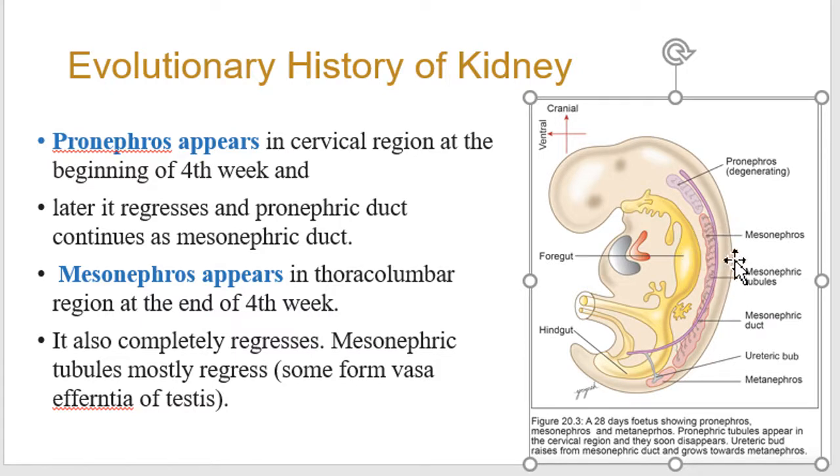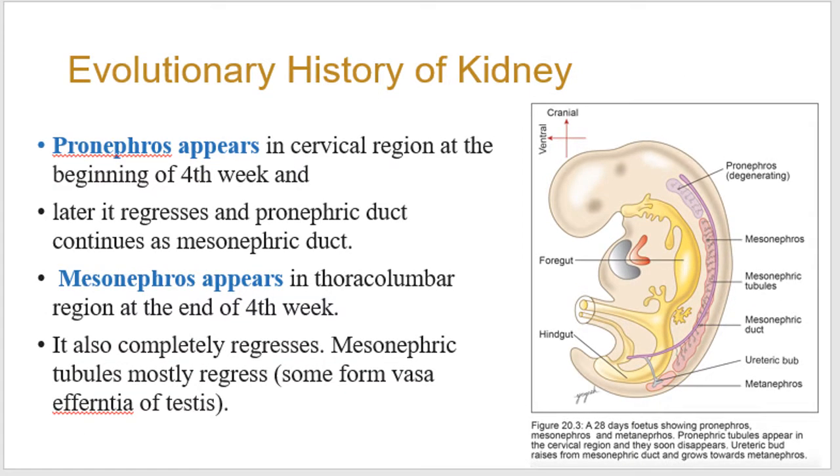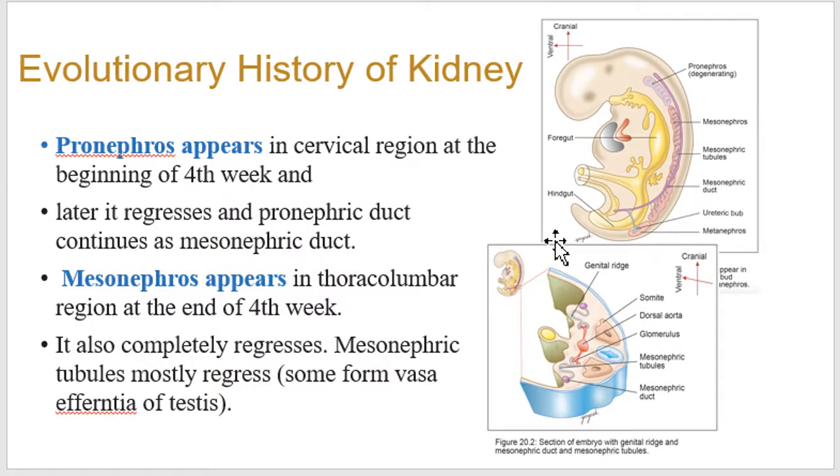The mesonephric kidney in the human being is functional for some period and later degenerates. In the fetus, the mesonephric kidney is present. Later the metanephric kidney develops, with tubules connected with the mesonephric duct.